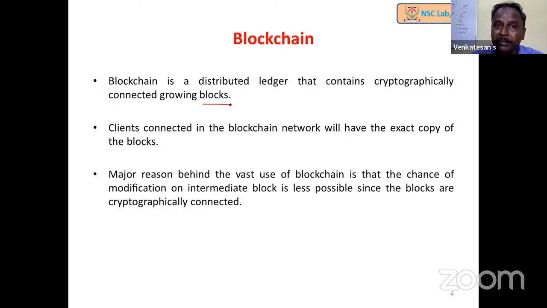Even if we see RDBMS, whether it is MySQL or Oracle, those also use B-trees or their variants to store the data. However, when we go for visualizing the data, it is represented in a form like a table. In case of blockchain, it keeps the data in the Merkle tree.